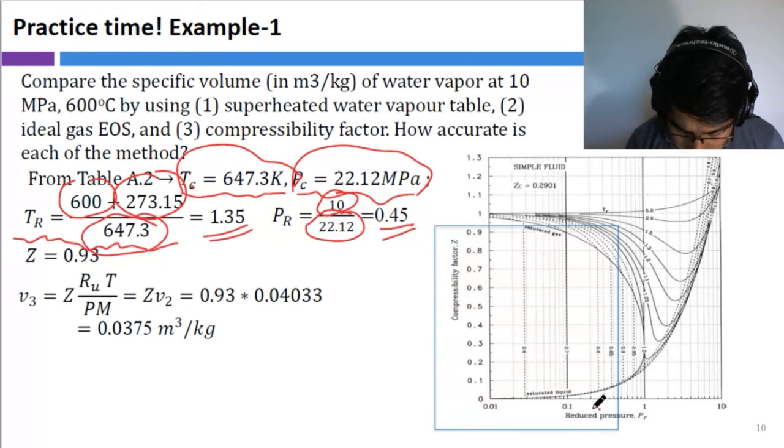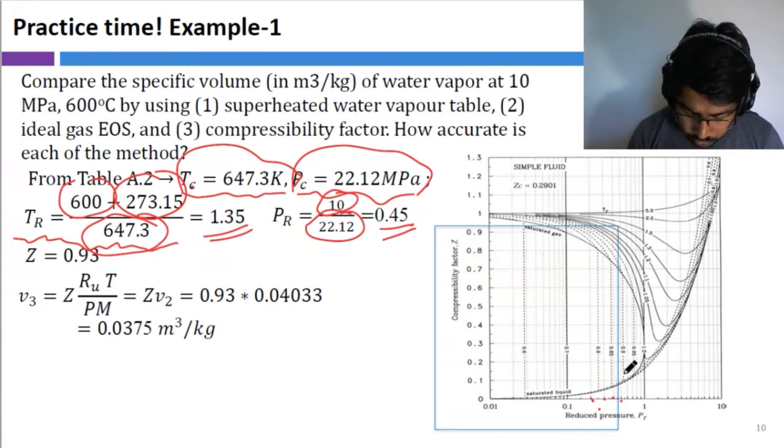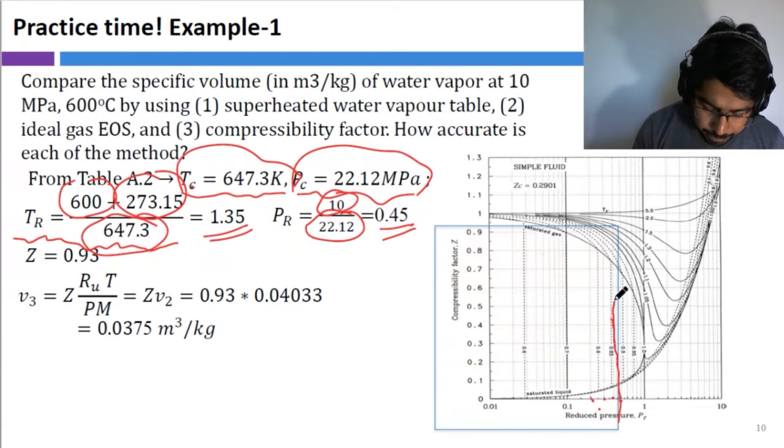The slightly taller tick marks are like 0.1, 0.2, 0.3, 0.4, and 0.5, and in the middle, the relatively smaller tick marks are going to be at the half scale, like 0.15, 0.25 kind of things, right? So similarly, we locate 0.45.